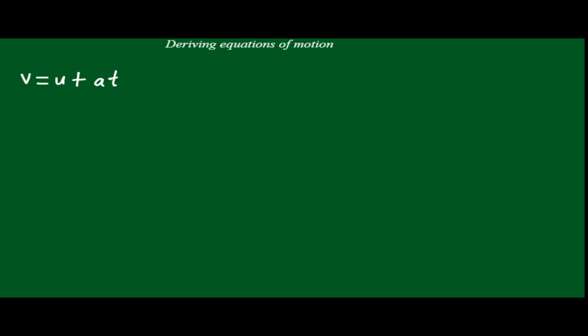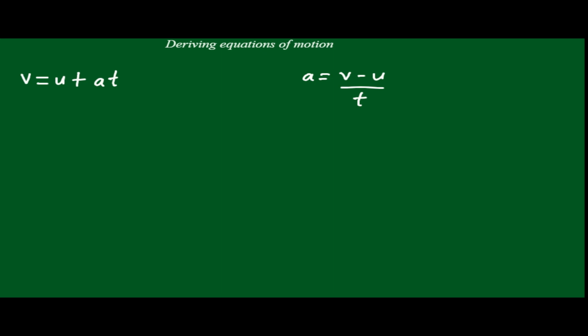Acceleration is defined as the rate of change of velocity. And when we hear the concept of rate, it means we are dividing by time. So acceleration is the rate of change of velocity, so it's final velocity minus initial velocity over time.